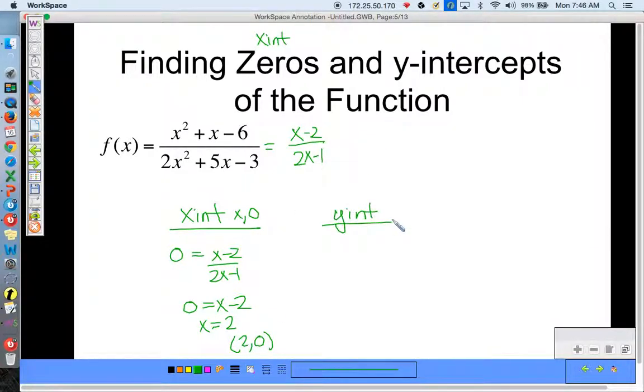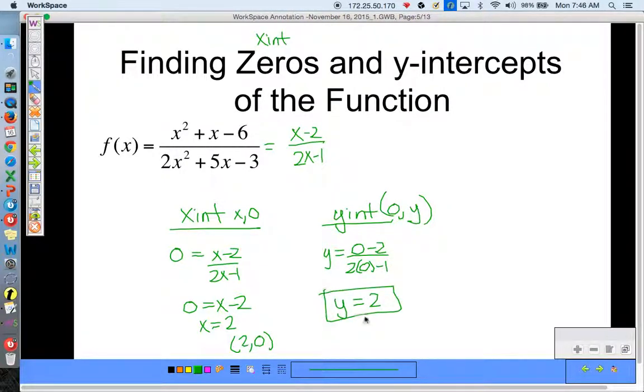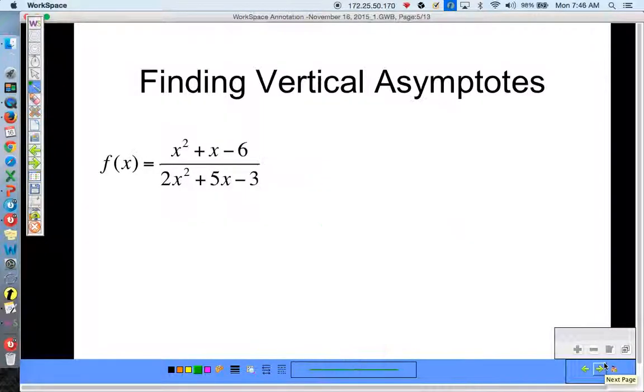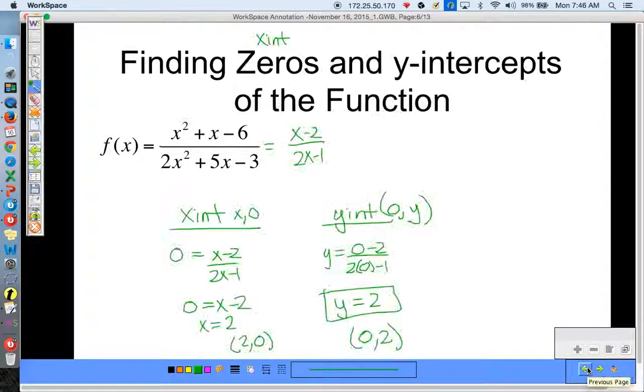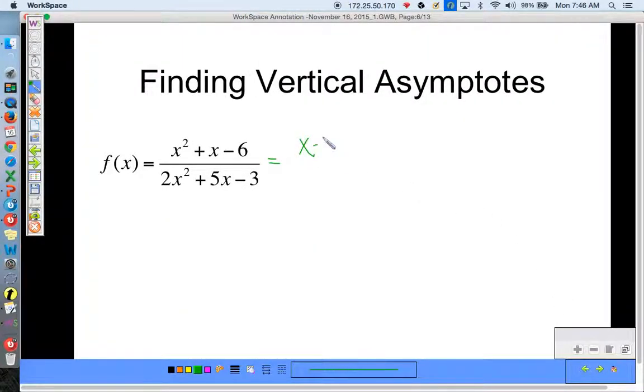Our y-intercept is of the form 0 comma some y value. So let's see, y equals 0 minus 2 over 2 times 0 minus 1. So our y value equals 2, so there's the coordinate 0 comma 2 on our graph. The next thing we do, we use our simplified form again, x minus 2 over 2x minus 1.